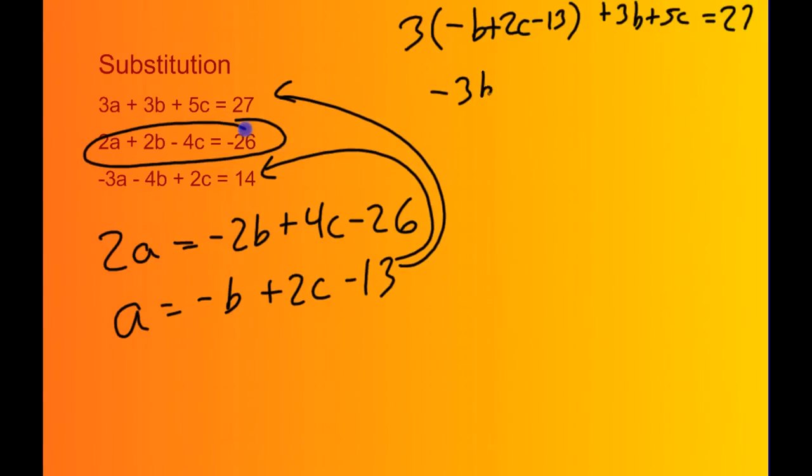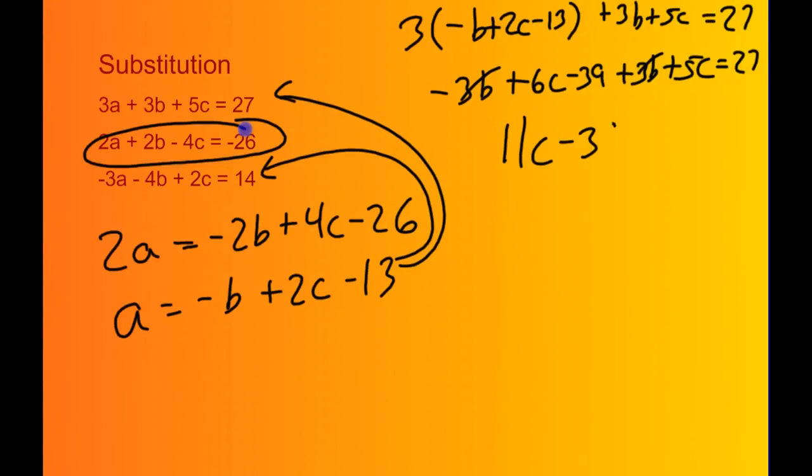Leaving negative 3b plus 6c minus 39 plus 3b plus 5c equals 27. When I combine my like terms, the b's cancel out, making it 11c minus 39 equals 27.